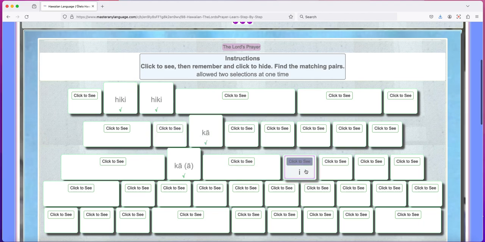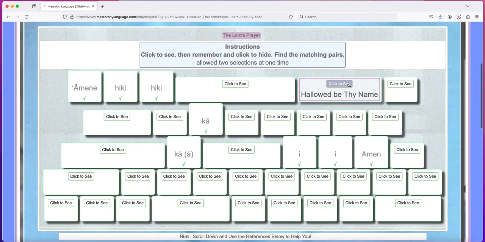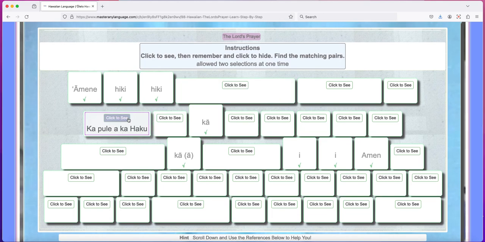Ka. I. Amene. That was over here. Amene. Ka. O. Haku. What's this one? No. That one. Kapule a ka haku.